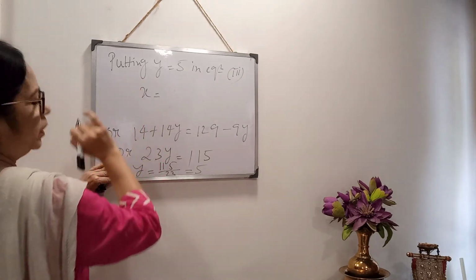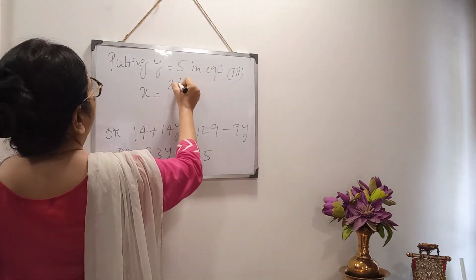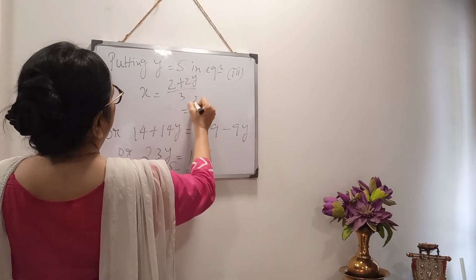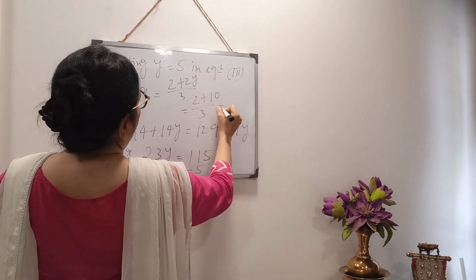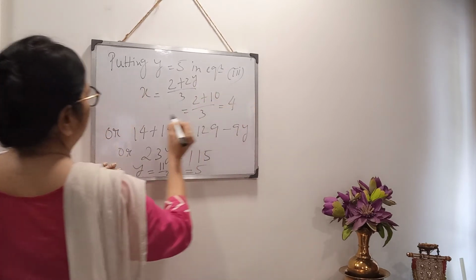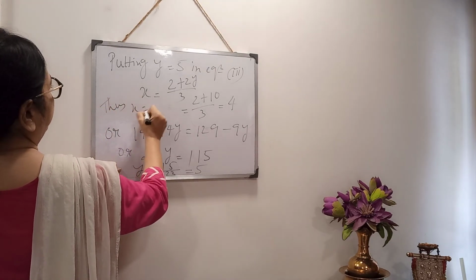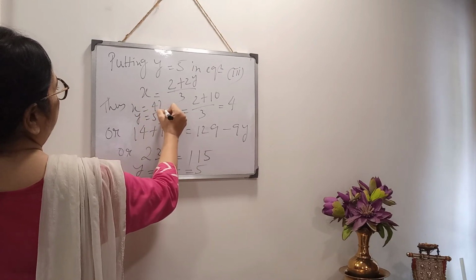Write down the equation again. X equals to 2 plus 2y by 3. Now here put the value of y. It is coming 10. 12 by 3 means 4. Thus write down the answer in this way. X equals to 4, y equals to 5 are the solution.